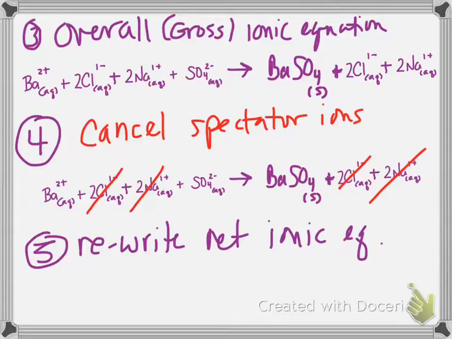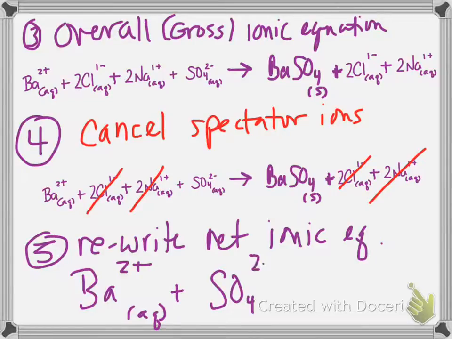So for that, we're just going to write Ba 2 plus aqueous plus SO4 2 minus aqueous, and that yields BaSO4 solid. All charges balance. All atoms balance. It's balanced in every possible way. Does that make sense?